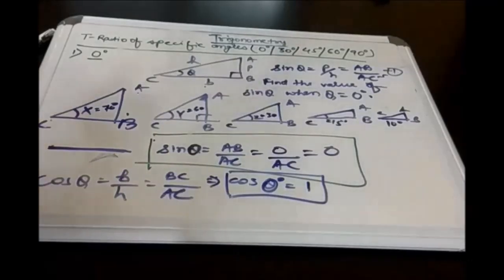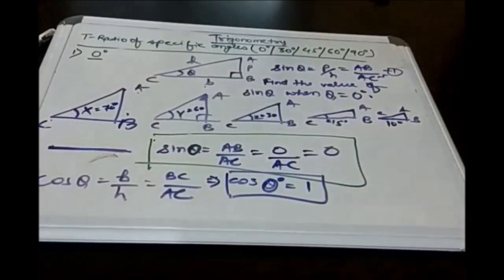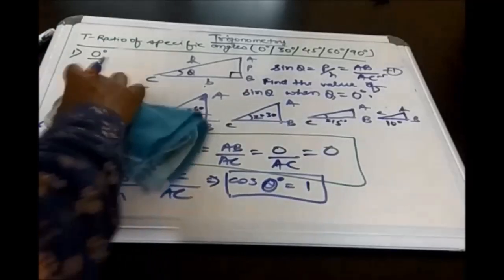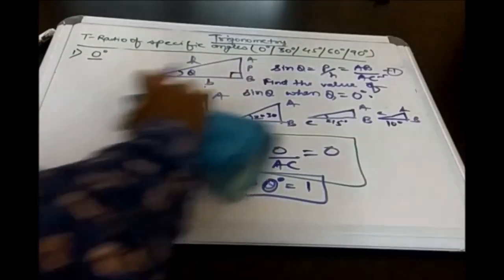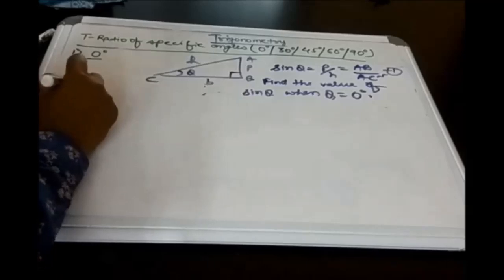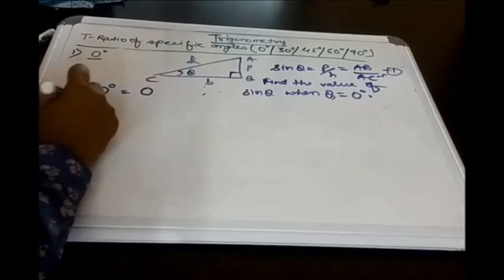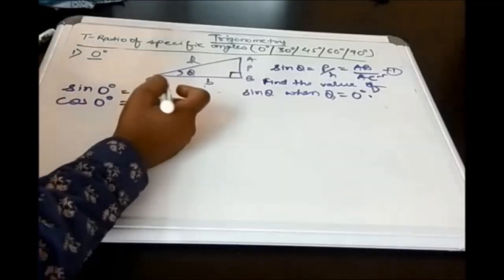Now we will do one thing. If we have derived the value of sine 0, then we can easily derive the value of cosec 0. Cosec theta was 1 by sine theta. So we will do that. Let me erase it. We have derived sine 0 degree equals 0, cos 0 degree equals 1.